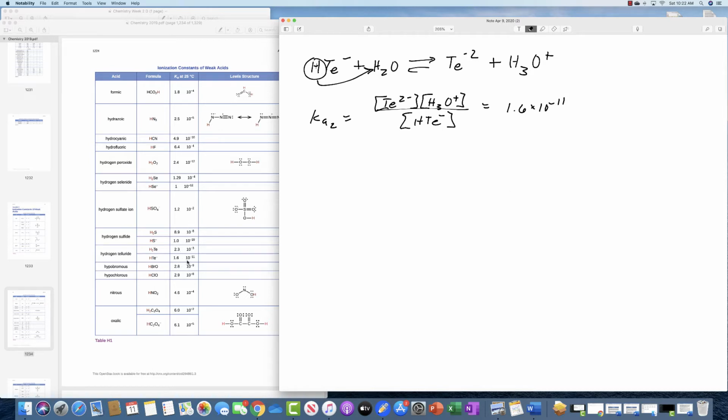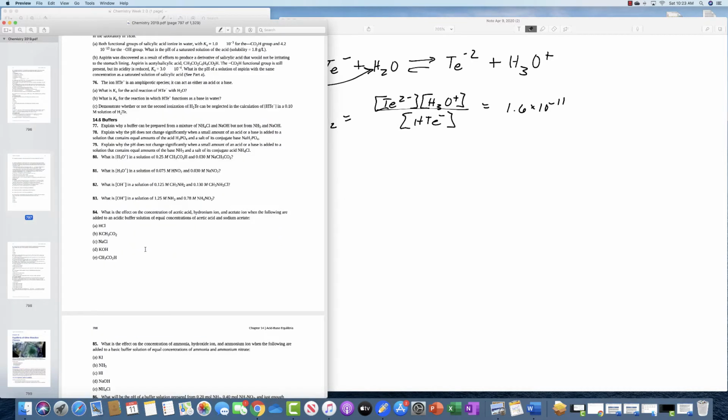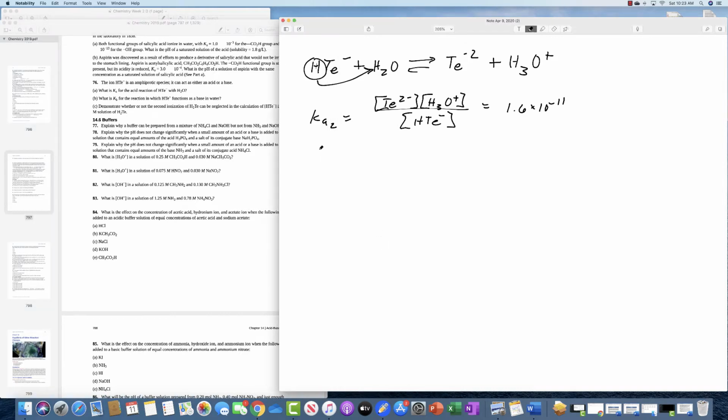So Ka2 is equal to 1.6 times 10 to the minus 11. The next question is, what is the Kb for the reaction in which this functions as a base?